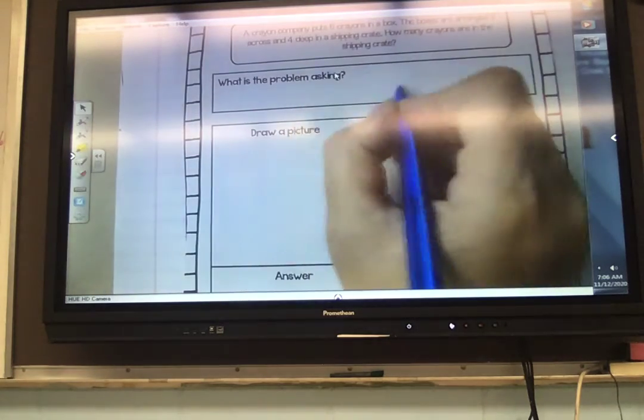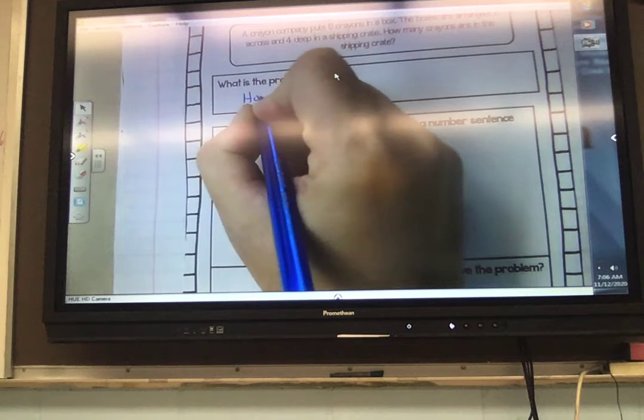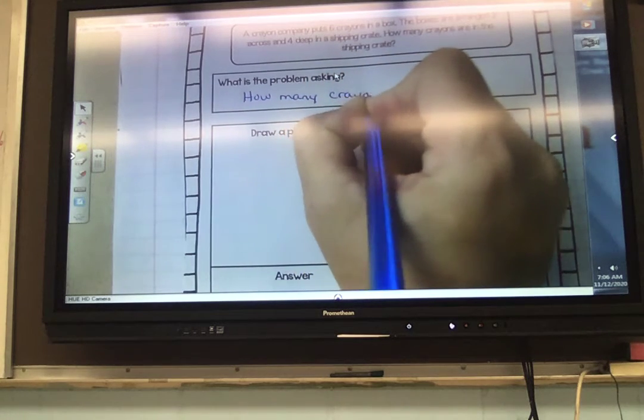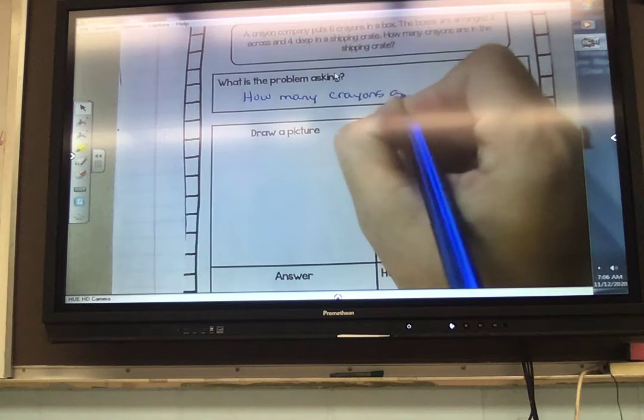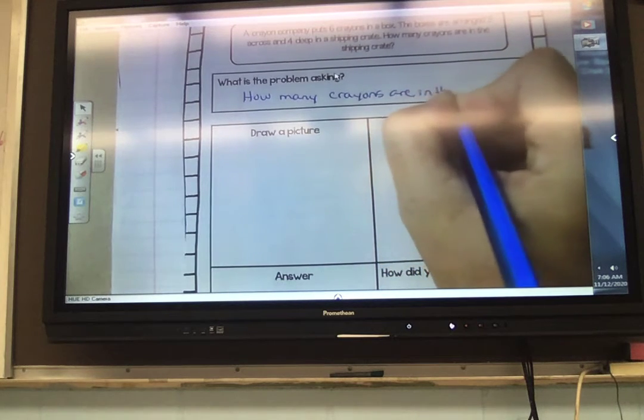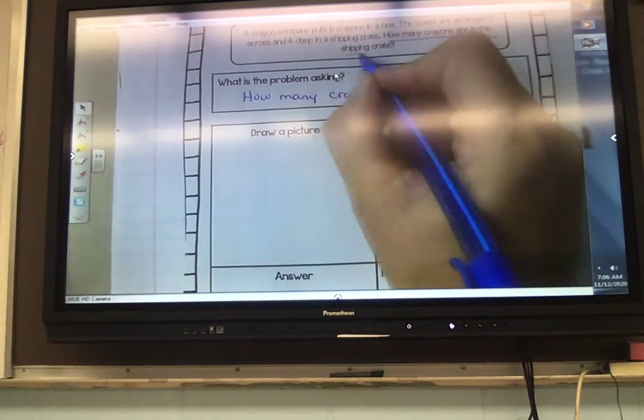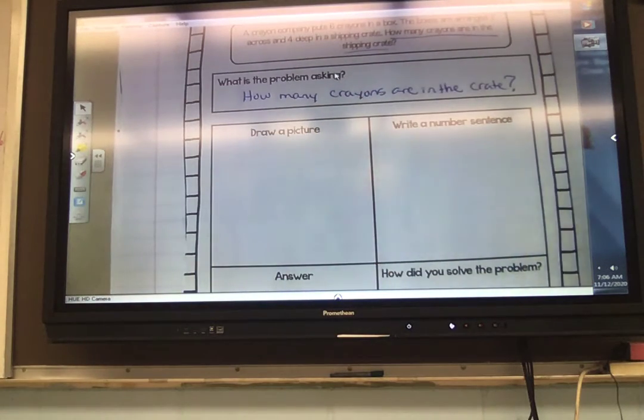Our problem is asking us how many crayons are in the crate. That's what it's asking us to do. Find a total, in other words. Draw a picture.